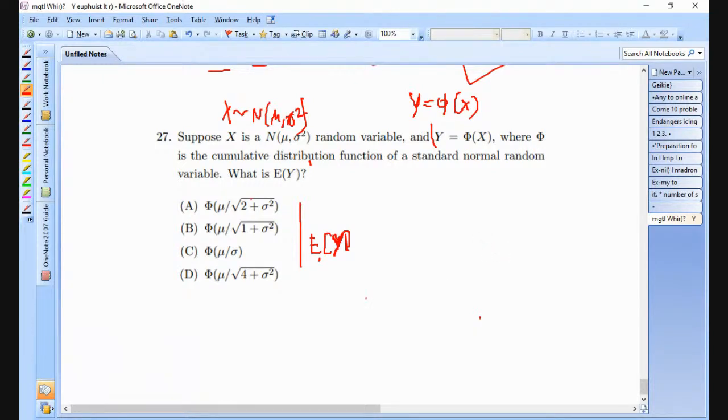So what you will do here is just write it down. Maybe you are thinking that we can use the idea that phi of a standard normal is uniform on (0, 1). That's an interesting way to do it, but let's do it in a different way.